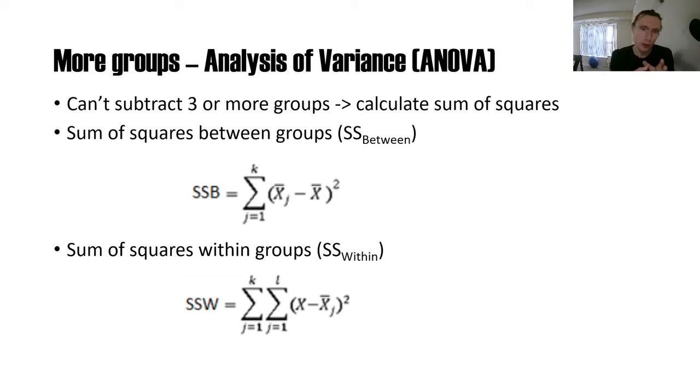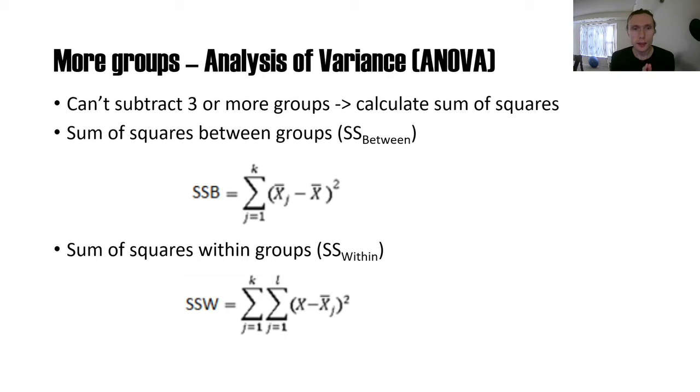Now, before you can plug it into the formula, you first have to calculate the overall average, so the average over those three groups altogether. In this example, if all those groups have the same amount of participants, that would be 100 plus 110 plus 120 divided by 3, which is 110.